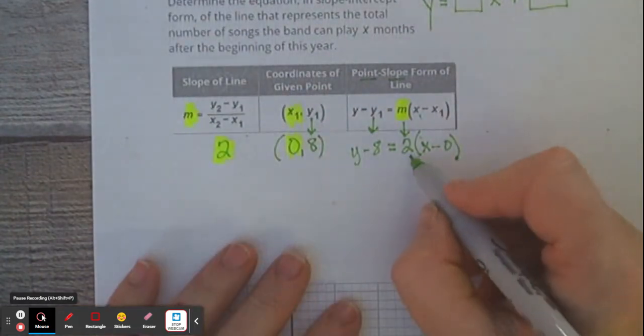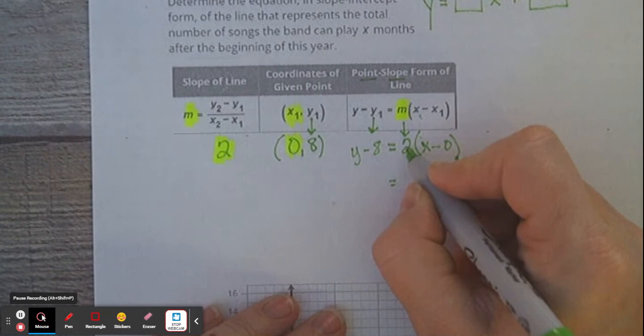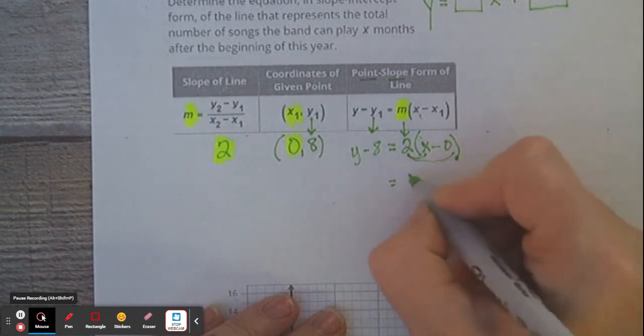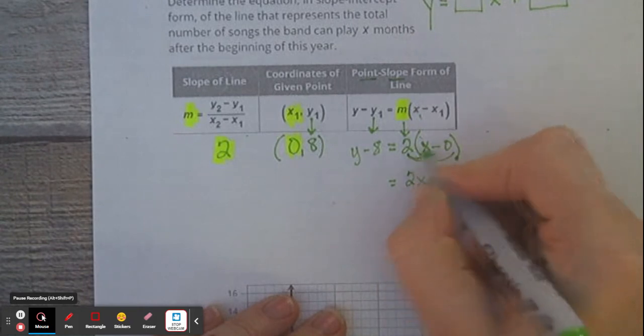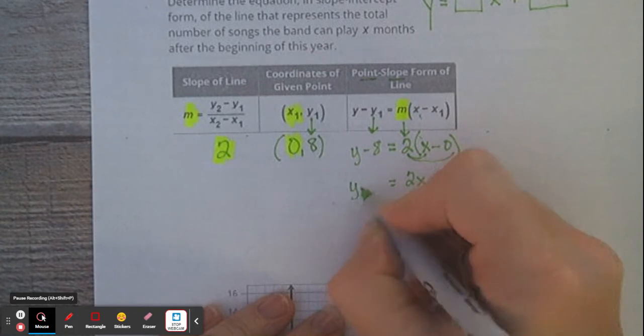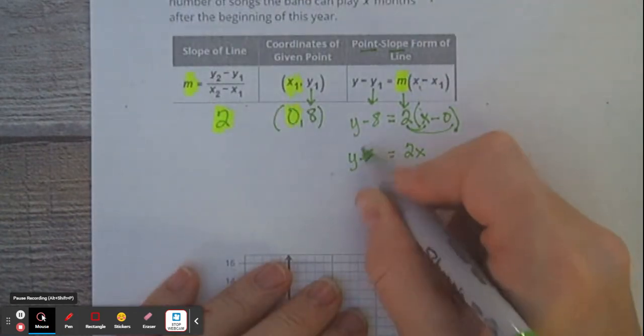Now, we will eventually learn how to do the algebra to solve this, and I will show that to you now. But whenever you see a number times parentheses, that means we have to distribute. So 2 times x is 2x. 2 times negative 0 is 0. So that's gone. And then to solve this for y, we have to get rid of minus 8.